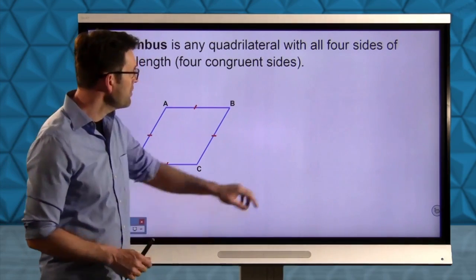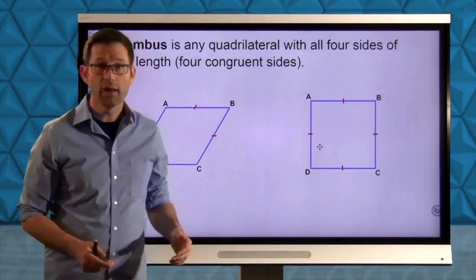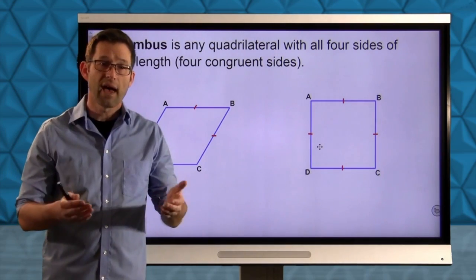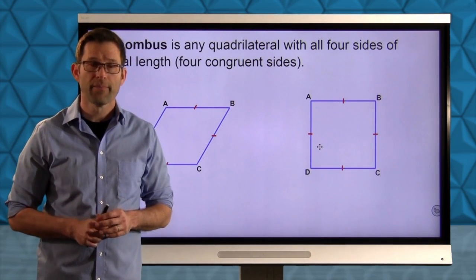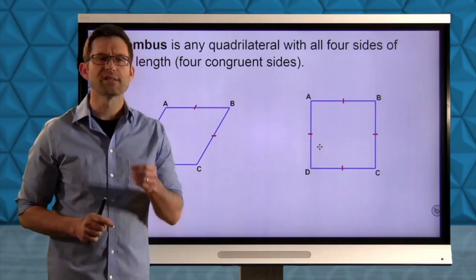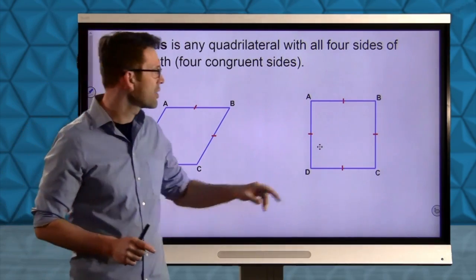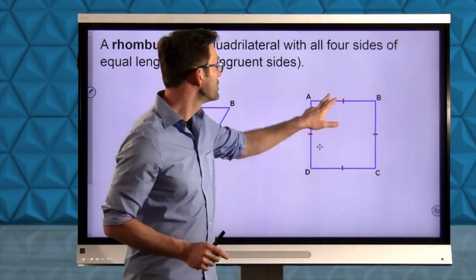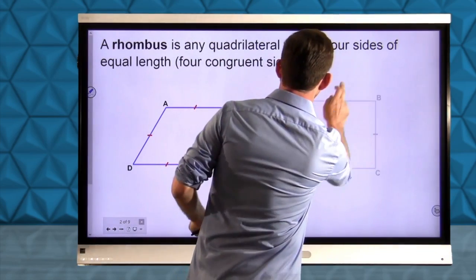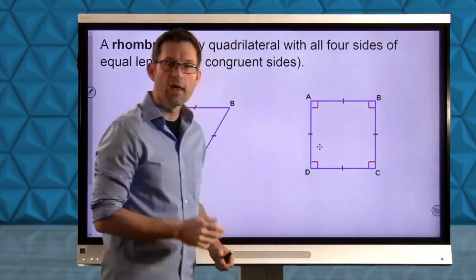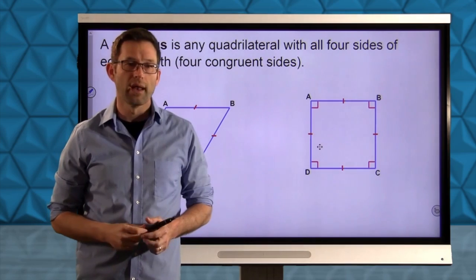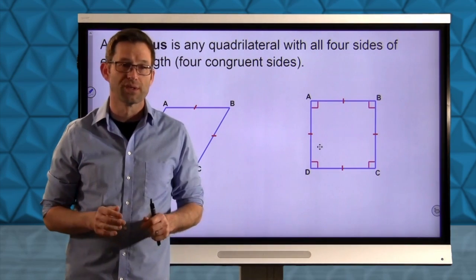And that makes a lot of sense because, quite frankly, a square does have four sides of equal length. The key is that the square has an additional property that the general rhombus doesn't: it's also got four right angles as well as four equal sides.